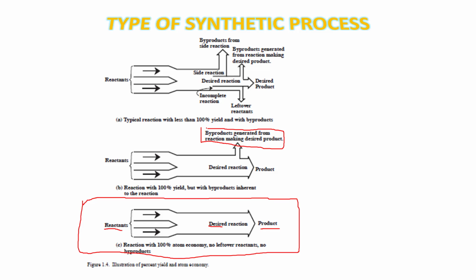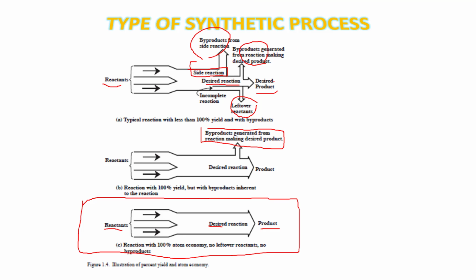The most inefficient process that may also exist in industry is when you have reactants and want to make a desired product, it goes with the desired reaction, but there are leftover reactants and also a byproduct. In another situation, there could be a side reaction that produces a byproduct. This is an inefficient process.